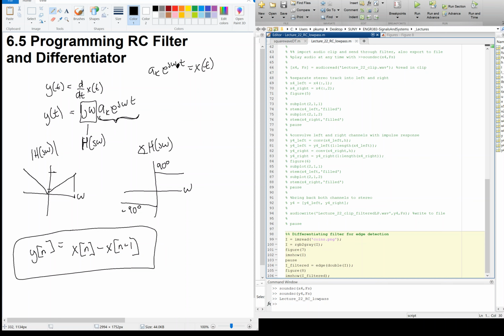It's getting the impulse response of the difference equation, and then it's convolving the image with the impulse response. And I'm not showing you the gory details behind this function because an image is a two-dimensional signal. It has the horizontal and the vertical, and so the convolution is actually two-dimensional convolution, which is a little bit out of the scope of the class. But it's doing what you would expect it to do, convolving the image with the impulse response, and then I showed you that filtered image. Awesome.